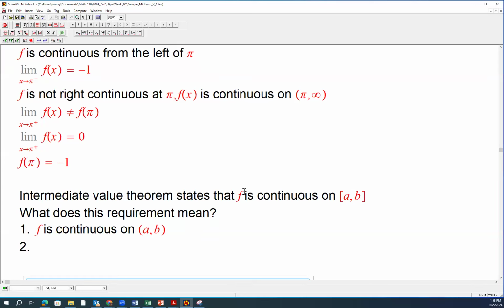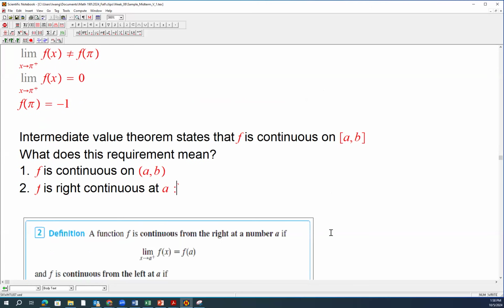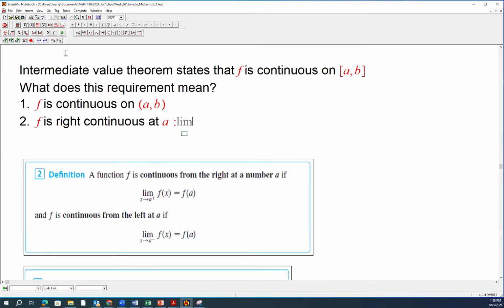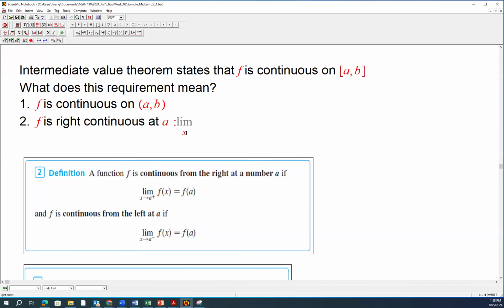Number 2, f is right continuous at A. What does it mean? Right continuous is this condition, which is the limit as x approaches A from the right of f of x equals f of A.